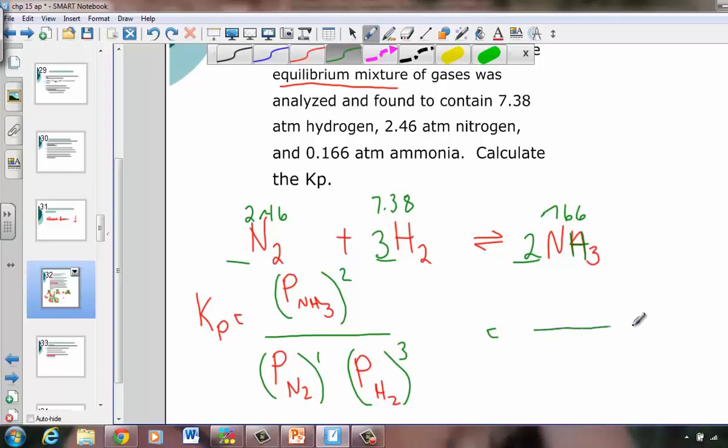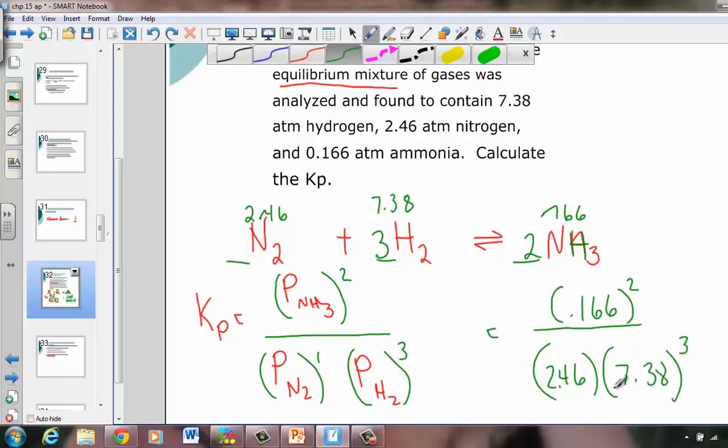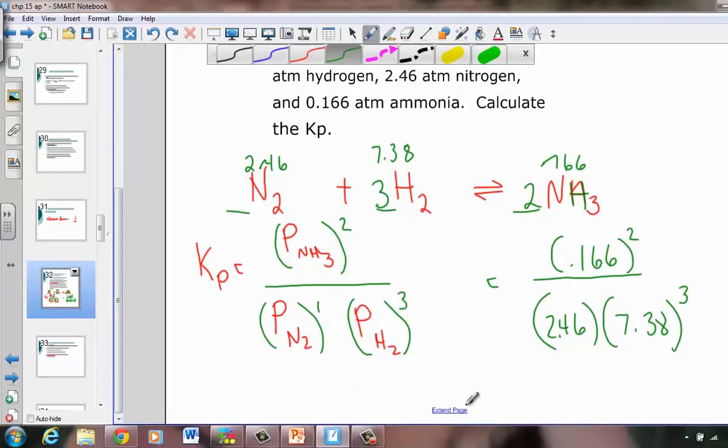Let's plug our values in and solve for our problem. 0.166, the value in atmospheres, squared, set over the 2.46 atmospheres for the nitrogen partial pressure, and hydrogen was given to us with the first value of 7.38, and it would need to be cubed. Let's hit together, make sure we get a common answer, and see what we find.